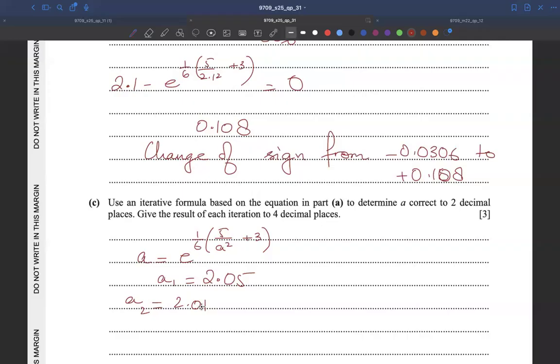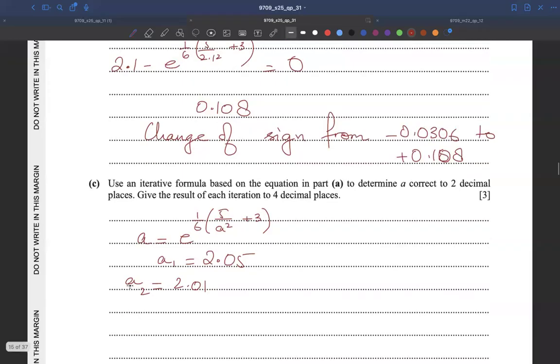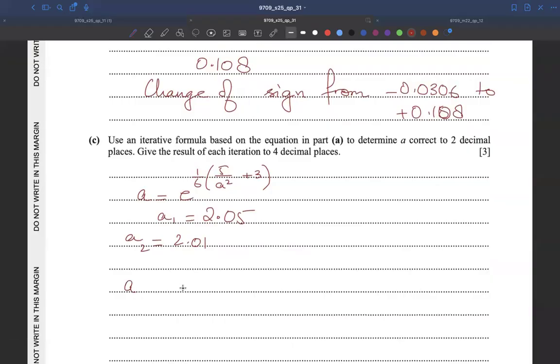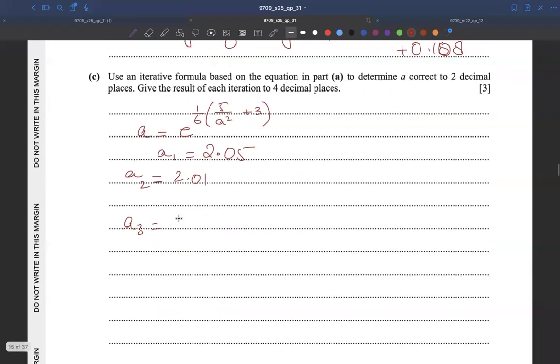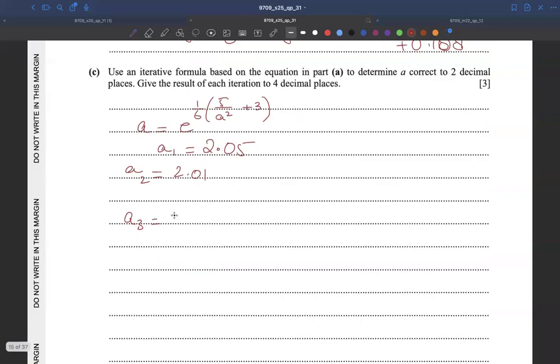So the second value is 2.01. And then in the same expression, we'll write 2.01 over here. And now we're getting 2.026. And one mistake, we have to give all of these to 4 decimal places.